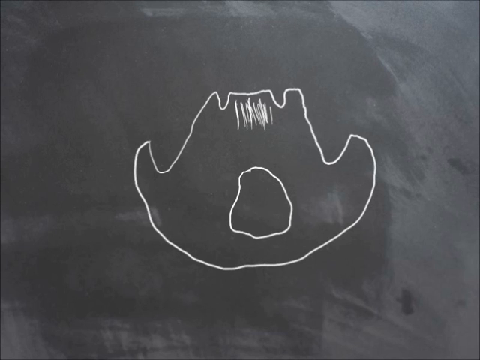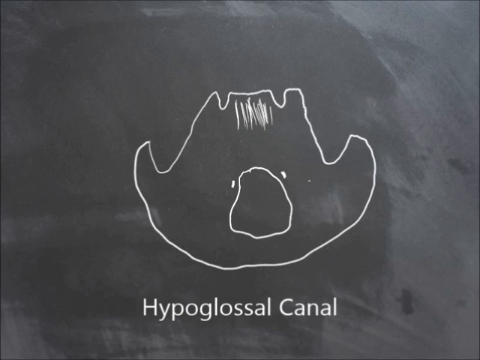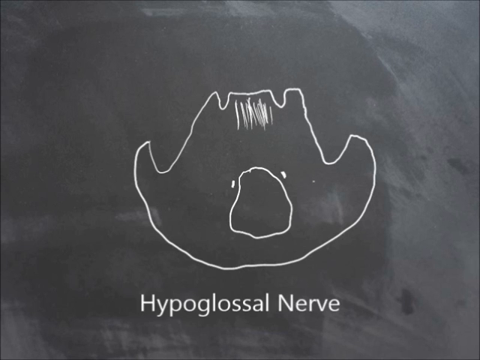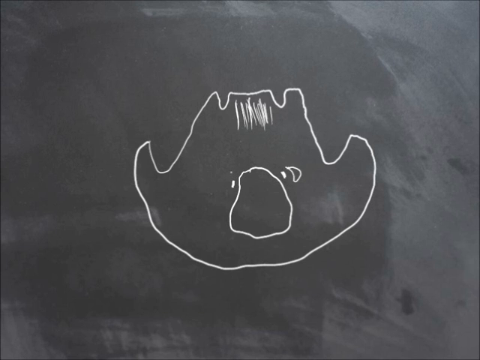So then we have a little foramen next to that, and that's called the hypoglossal canal. And this is for the hypoglossal nerve. Next to this, we've got another big foramen.